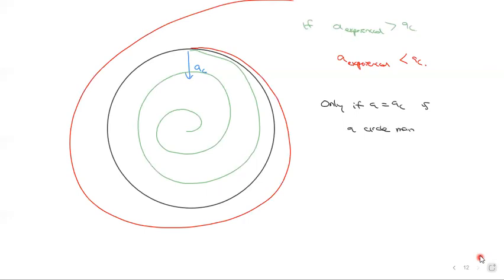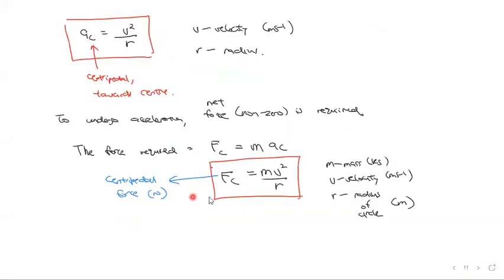Now, here, a_c is the acceleration required. That means this is the force required. Just because you have a required force doesn't mean you have it. Basically, it's like this. What's something you want to buy? I want to buy some Travis Scott x Cactus Jack t-shirt, something like that.